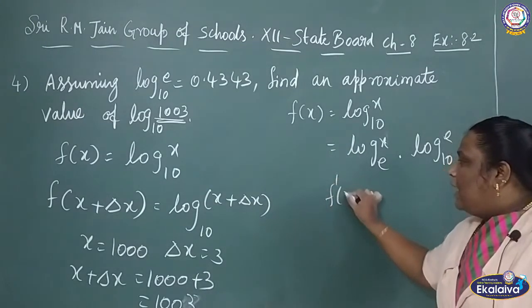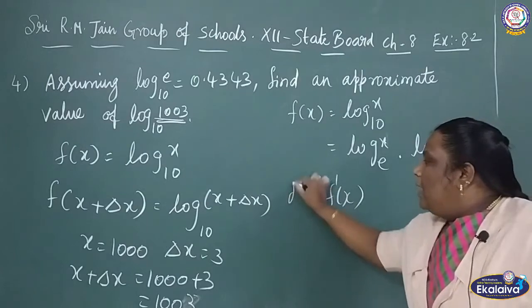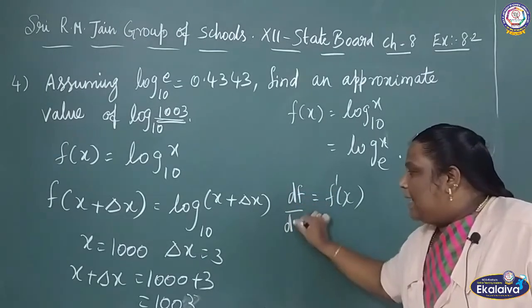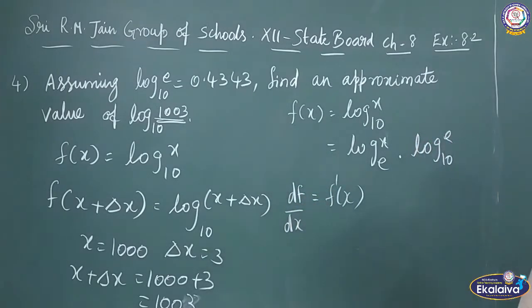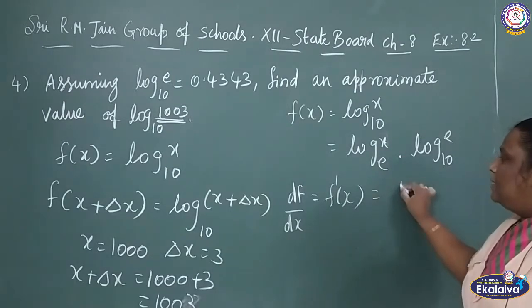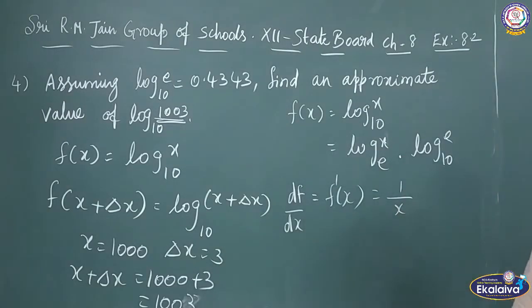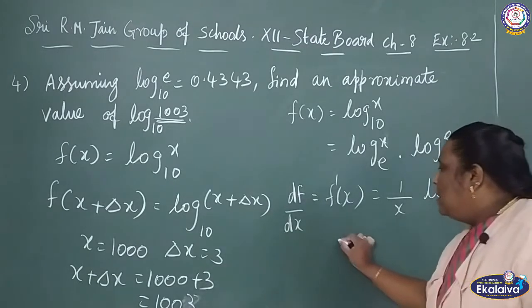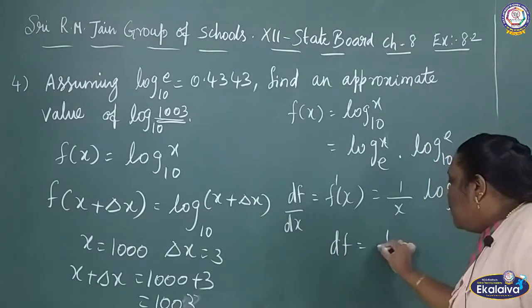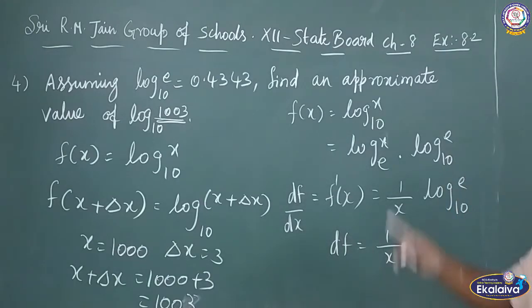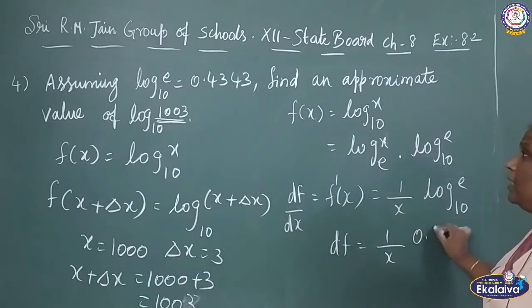F dash of x is nothing but df by dx. F with respect to x, derivative of log x is 1 by x, into log e base 10. What is the value of log e base 10? It gives df equal to 1 by x into log e base 10.